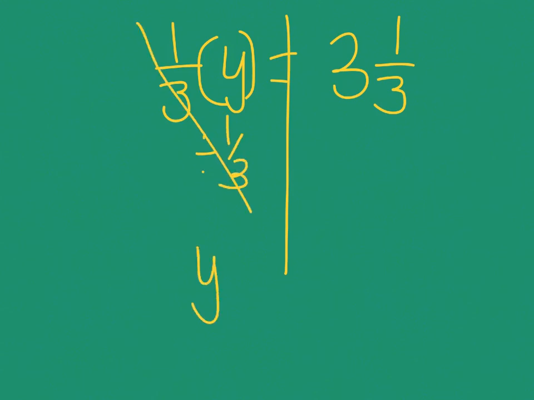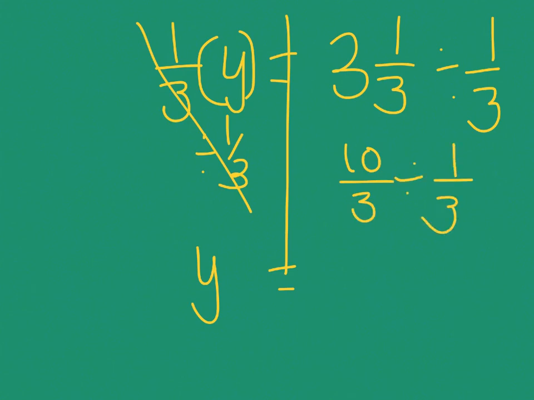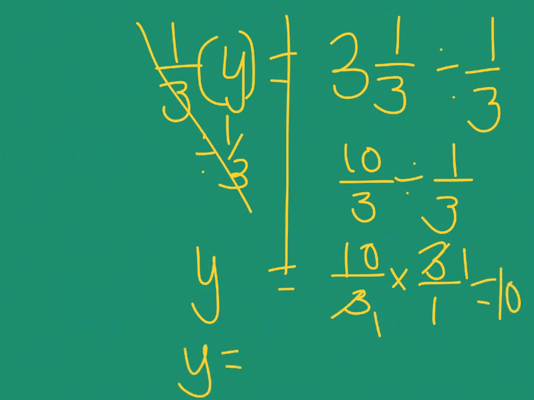We're left with y equals, which is what we want, and then we divide by 1/3 on the other side. 3 1/3 as an improper fraction: 3 times 3 is 9, plus 1 is 10 over 3 divided by 1/3. You do keep, change, flip. Keep the first, change it to multiplication, flip the last. The 3's cancel each other out, and we're left with 10. So y equals 10.